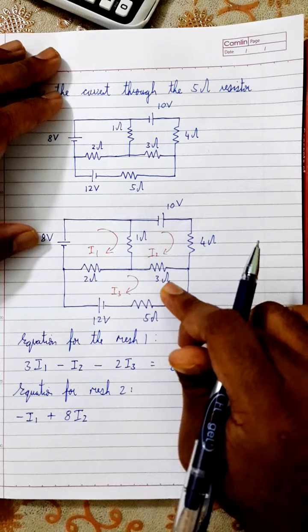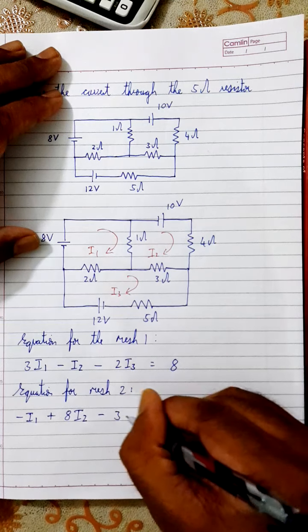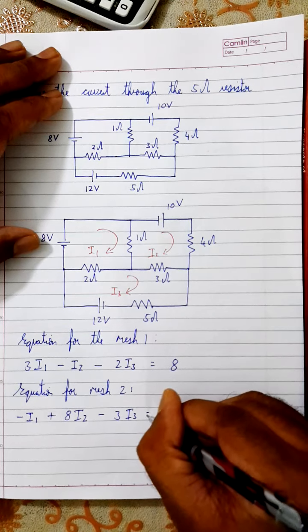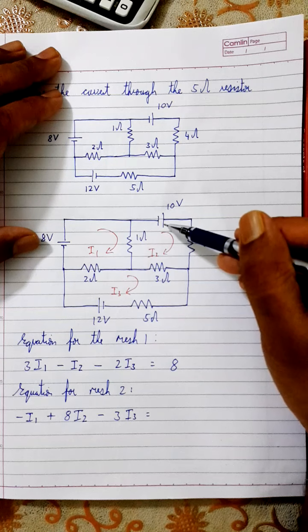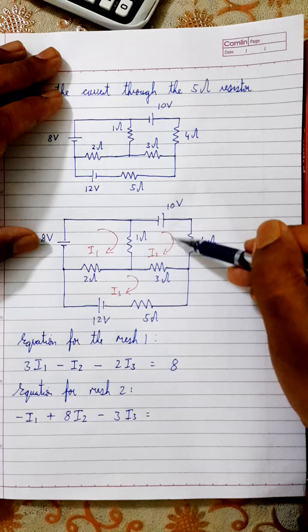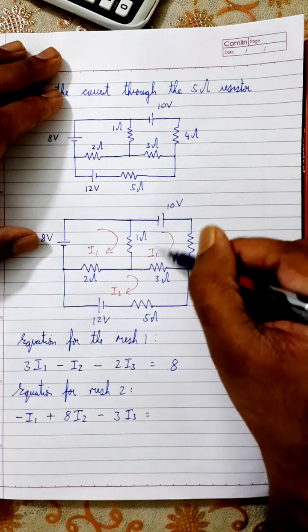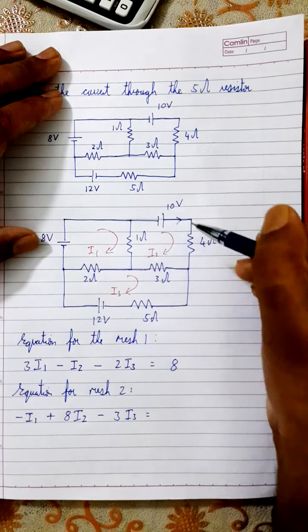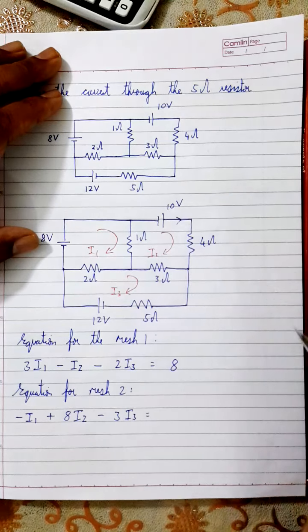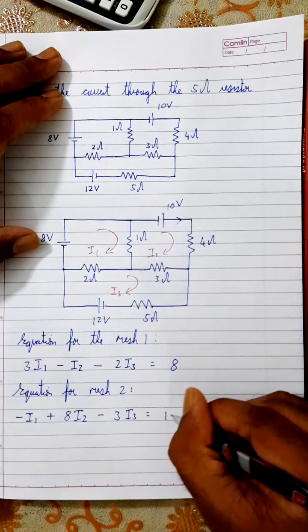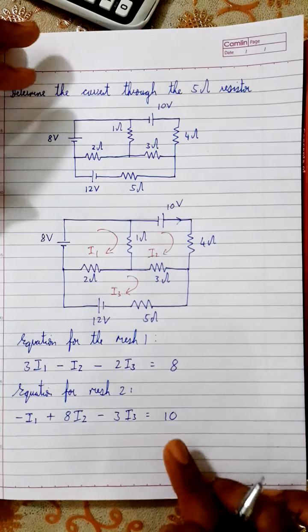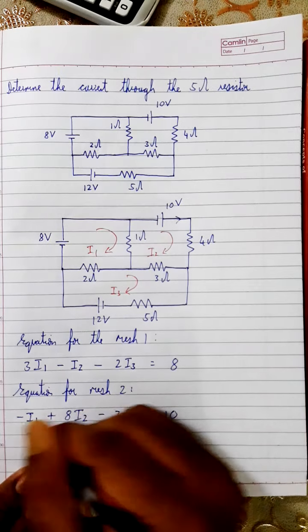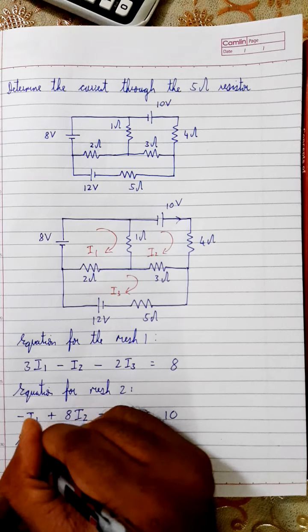I3 is touching only this, so it will become minus 3I3. There's a voltage source over here, and this voltage source is generating current I2 flowing in this direction, from the positive terminal. So this is also positive, because this 10 volt is supplying I2. That's why. Next is the equation for mesh 3.